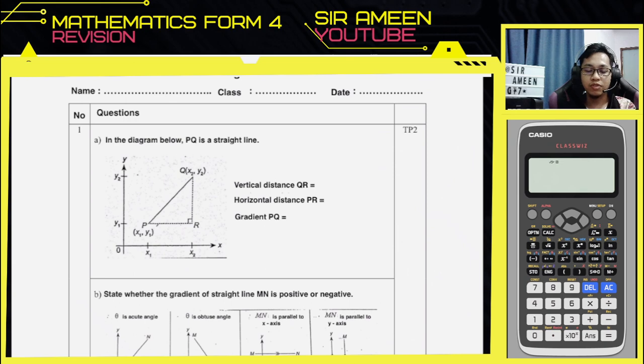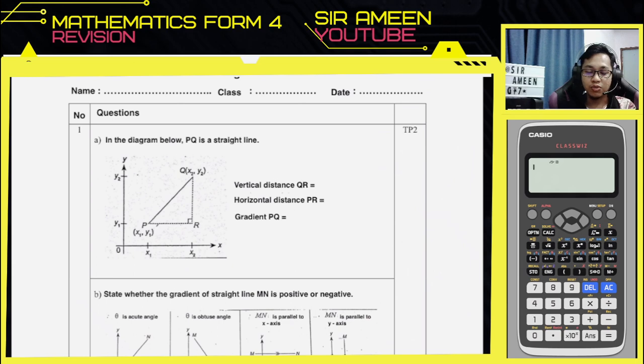Okay, let's start with number 1. In the diagram below, PQ is a straight line. So we need to state the vertical distance QR, horizontal distance PR, and gradient of PQ. Right.